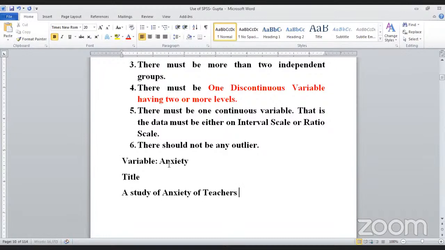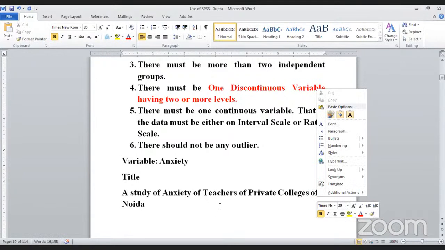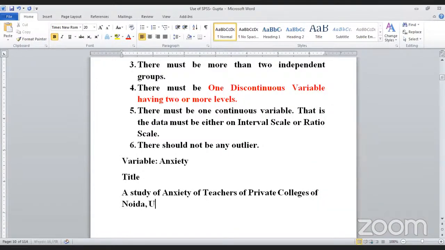Do you want teachers or students? A study of anxiety of teachers of private colleges of Noida, UP.